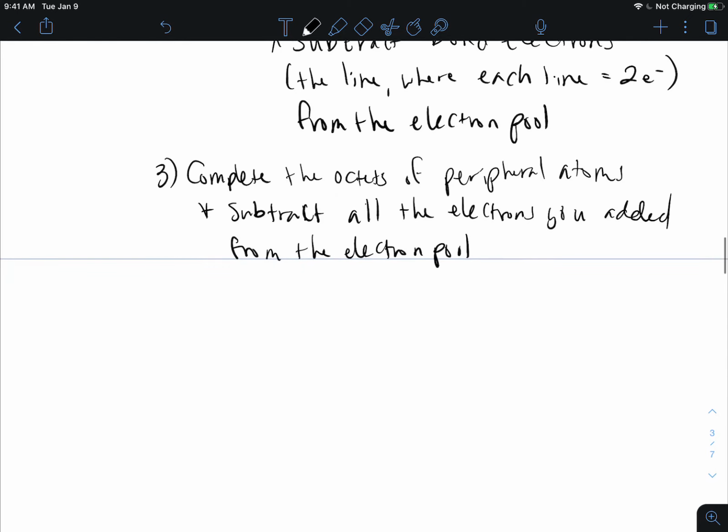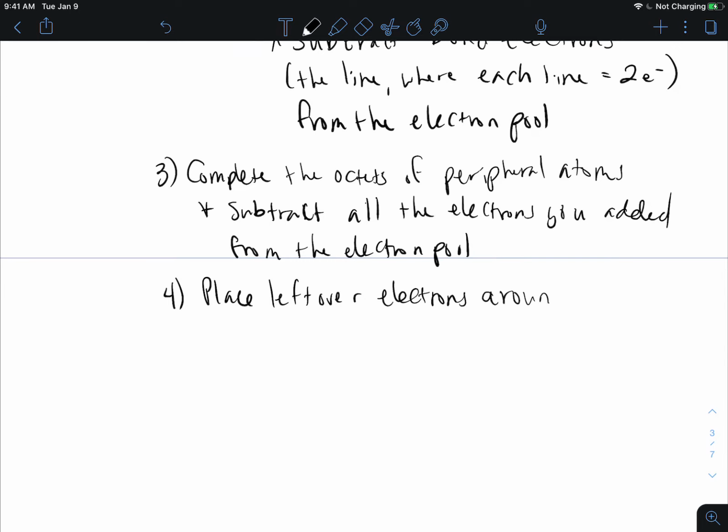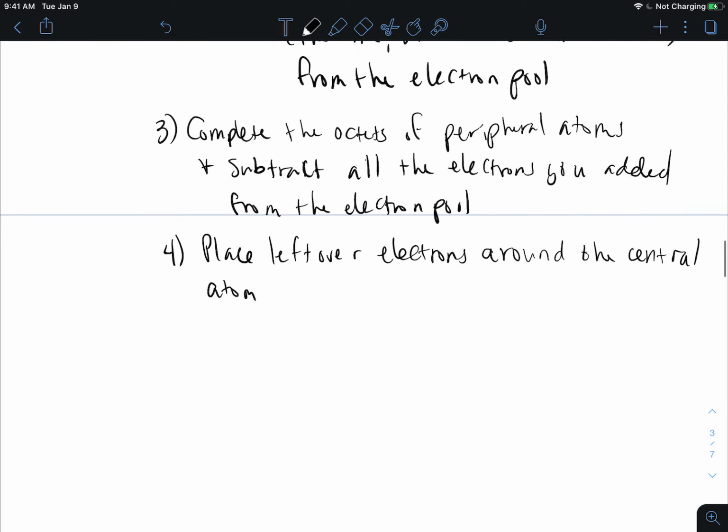And then if you have any leftover electrons, you're going to place those leftover electrons around the central atom. And then you're going to keep doing this until you run out of electrons.